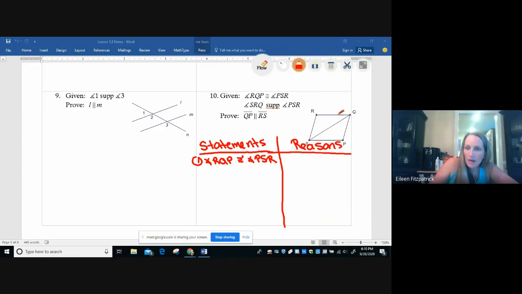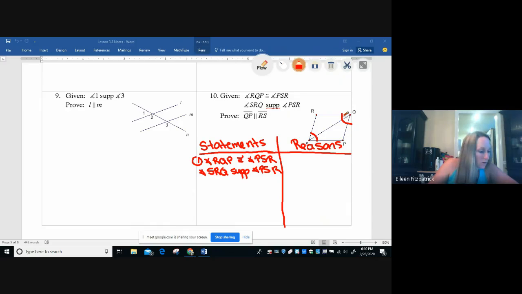RQP, so this entire angle here, is congruent to PSR, this entire angle here. So they're congruent to each other, all right? Then you're also told that angle SRQ is supplementary to angle PSR.